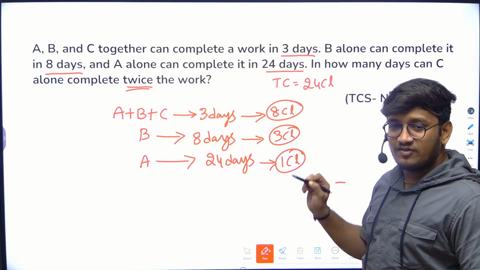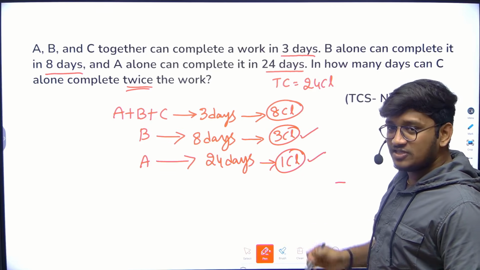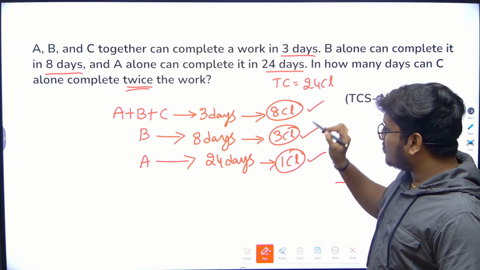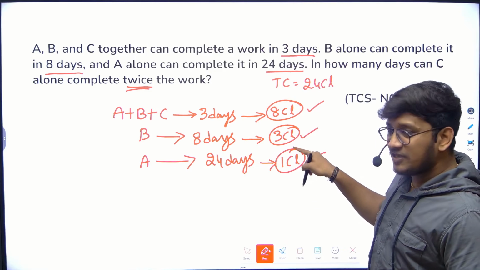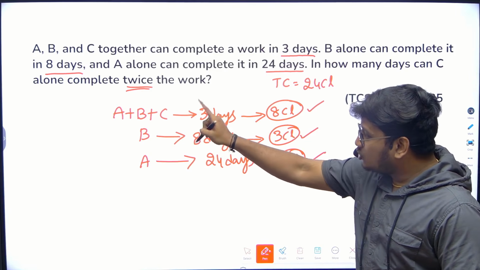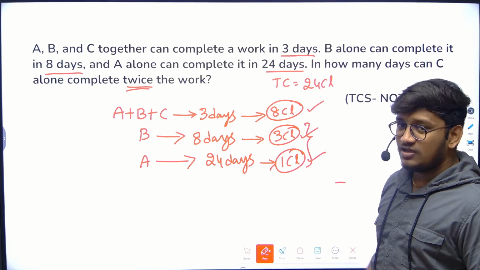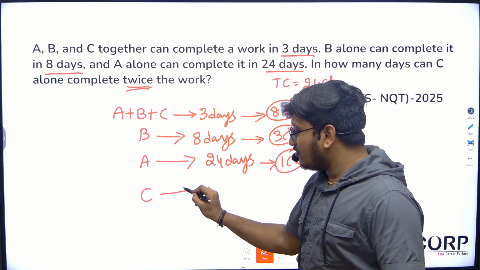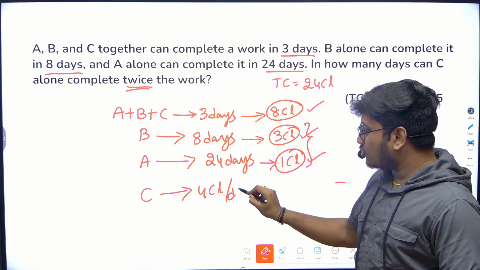This is A's efficiency. Now A plus B can eat 4 chocolates per day. A plus B plus C together eat 8 chocolates per day. Out of 8, if I remove this 4, I get C's efficiency, which is 4 chocolates per day, right?